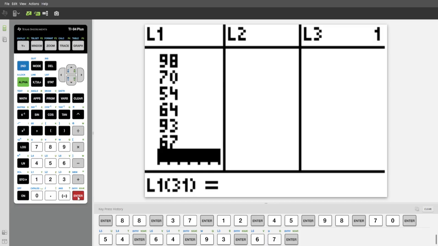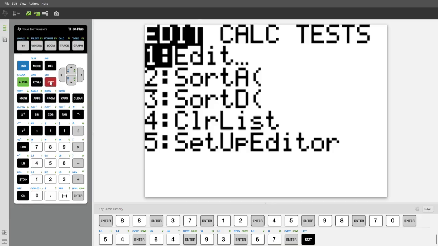Now, what you may want to do before you do anything is put your numbers in numerical order. And I'm going to show you how you do that. Push Stat. You'll use your cursor button to go down to SortA.